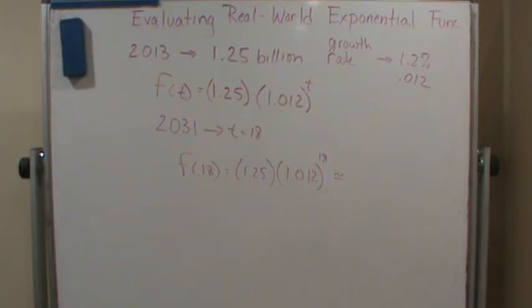So let's do the nearest 1,000th. We want to go out to 3 decimal places in order to estimate the population.